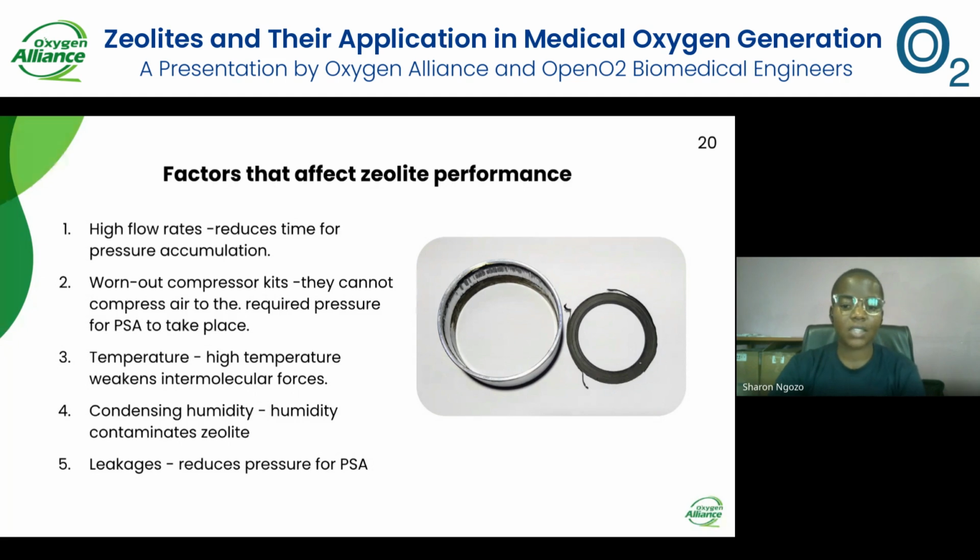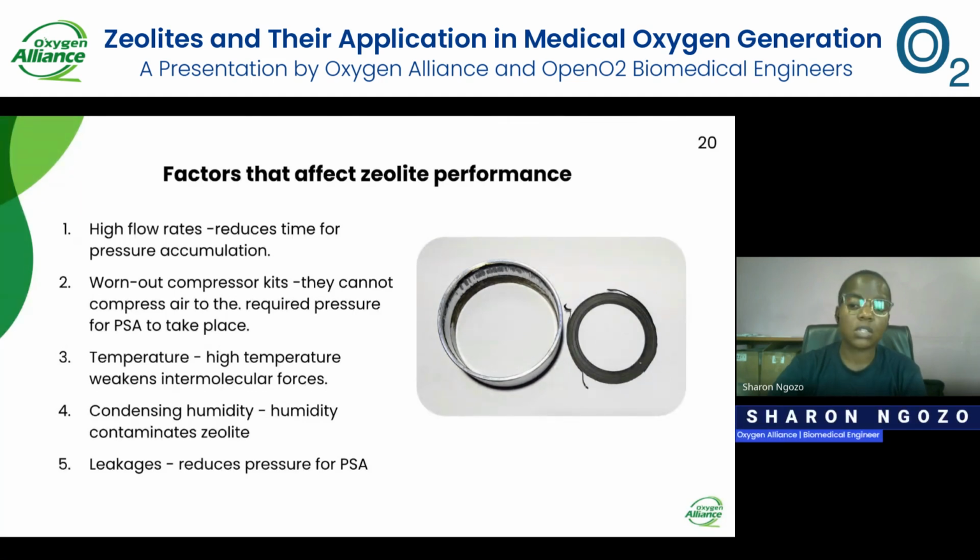The other factor we'll look into is humidity, and I'll focus on condensing humidity because this is the one that affects zeolite. Condensing humidity involves temperature cycling in an environment that has air with high humidity. High humidity affects the absorption and properties of zeolite.